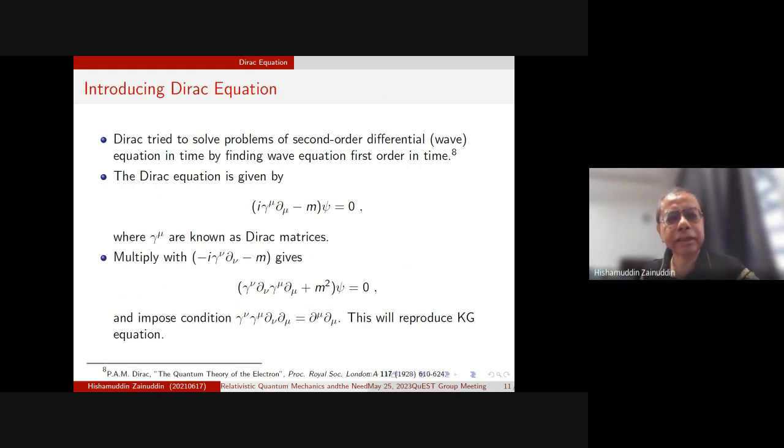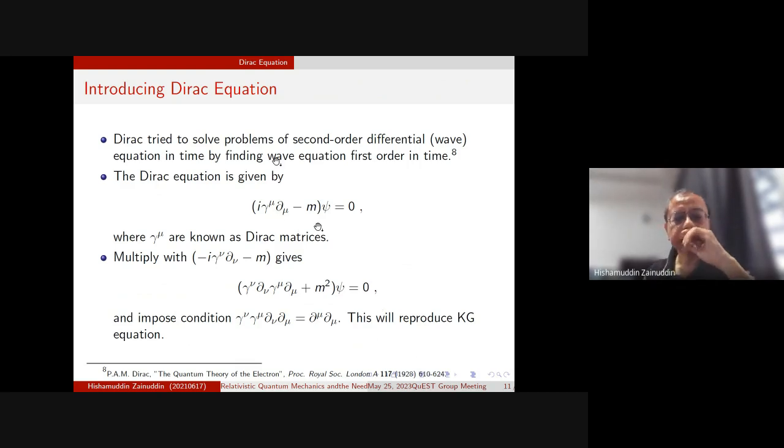Here is the Dirac equation. The Dirac equation is given by linear terms in the derivatives, a space-time derivative here, and of course you need your mass for massive particles. We try to interpret what kind of solutions we have for this.